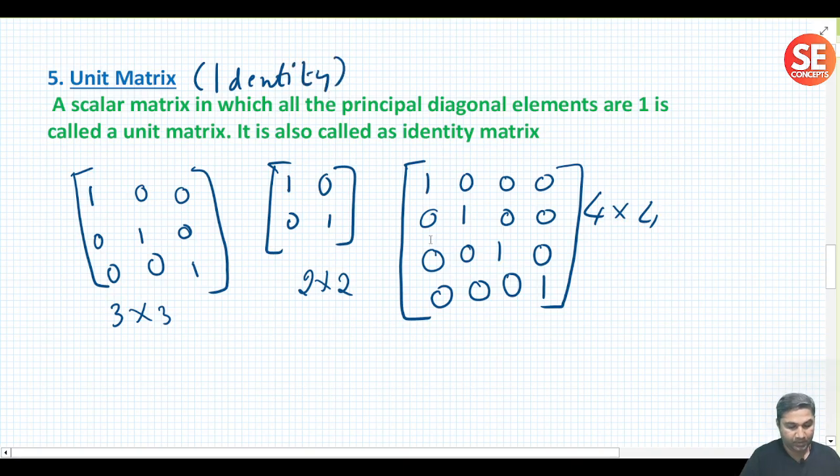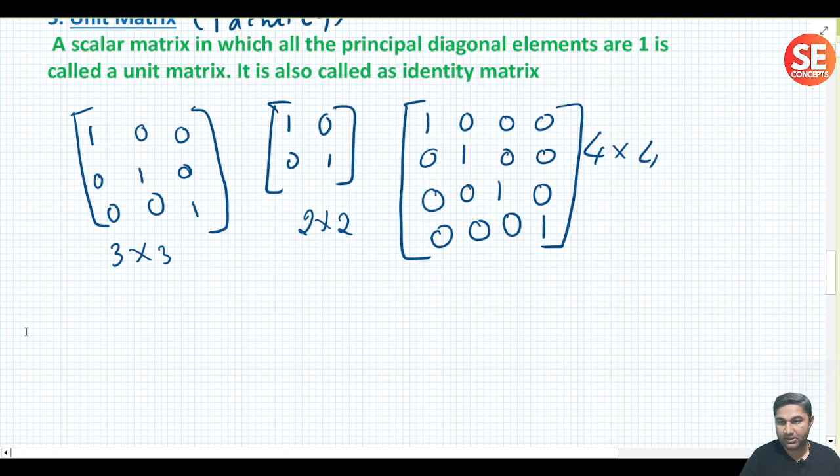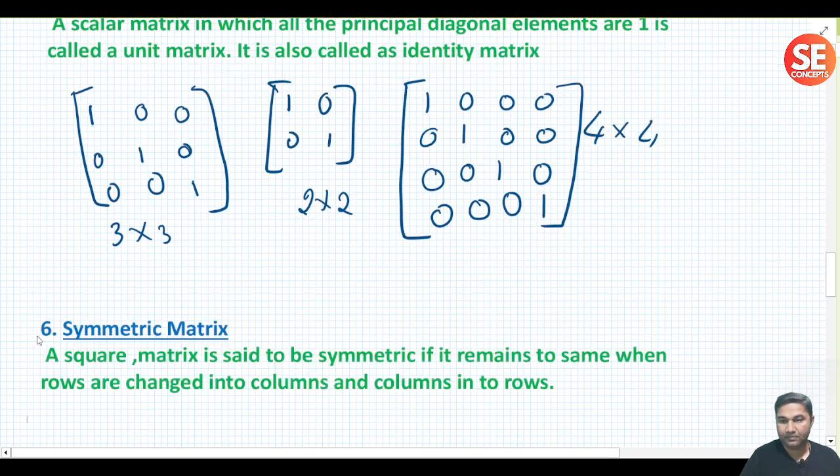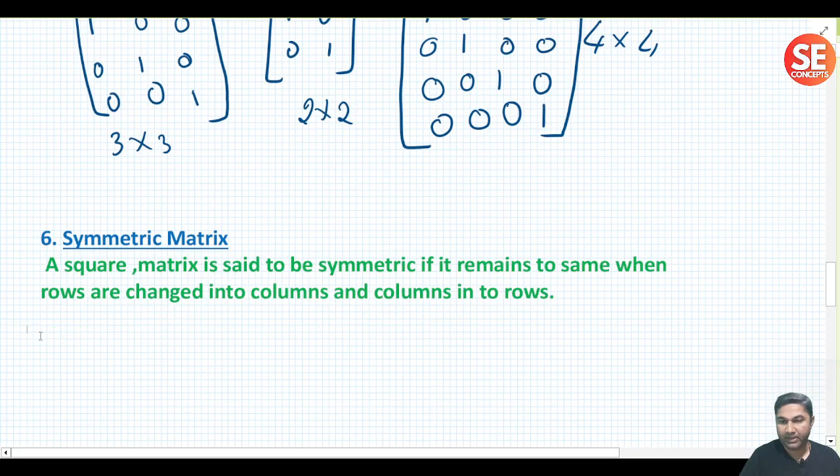Okay, one more is the symmetric matrix. Next we'll discuss this symmetric matrix. This is a little bit different from the unit matrix and other matrices. A square matrix is said to be symmetric. First understand this should be a square matrix.